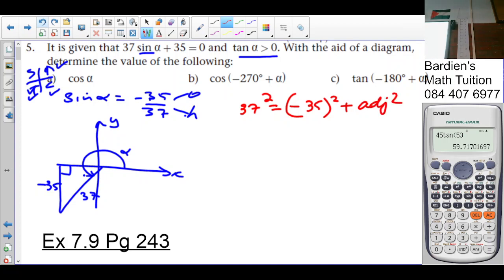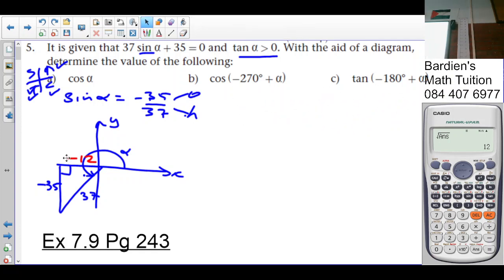So 37 squared minus 35 squared, square root thereof, and I give you 12. So my adjacent side is going to be negative 12. You all agree with that? Right. Now we can answer anything with regards to this.